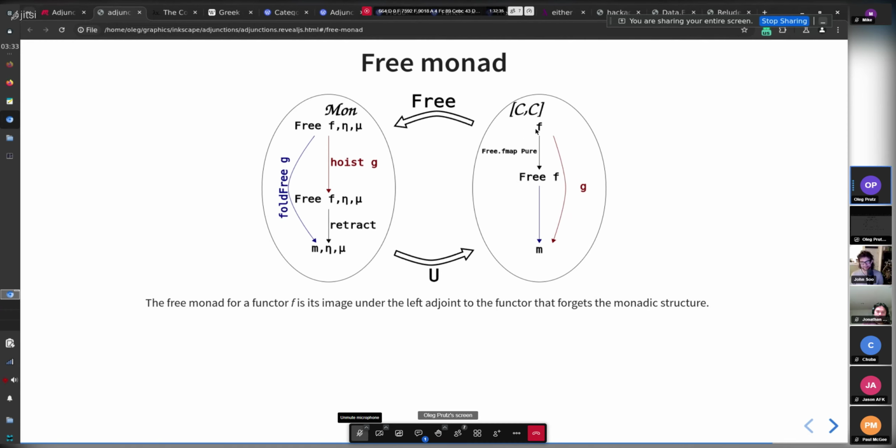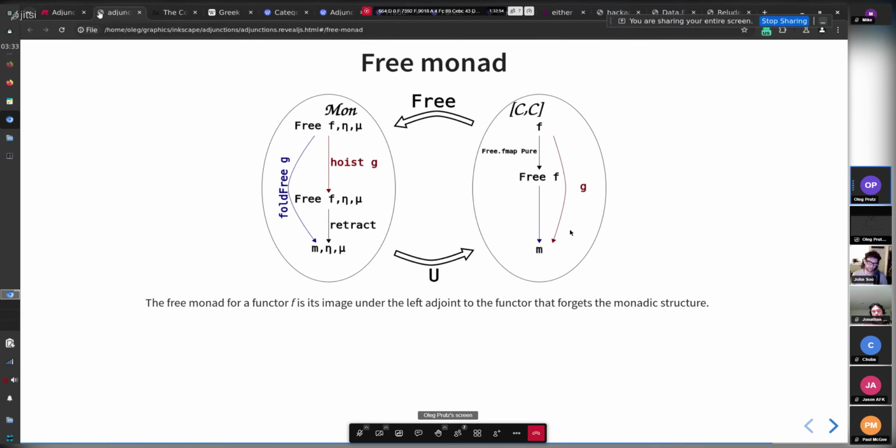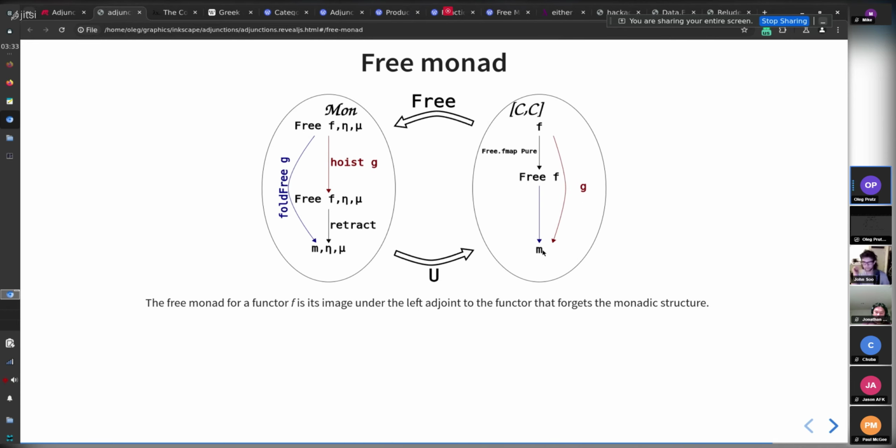So in your functor f, you describe the operations of your language as constructors. So it's a parameterized sum type usually, right? And in its constructors, you encode the operations of your language. And g is meant to interpret those operations into some target monad.